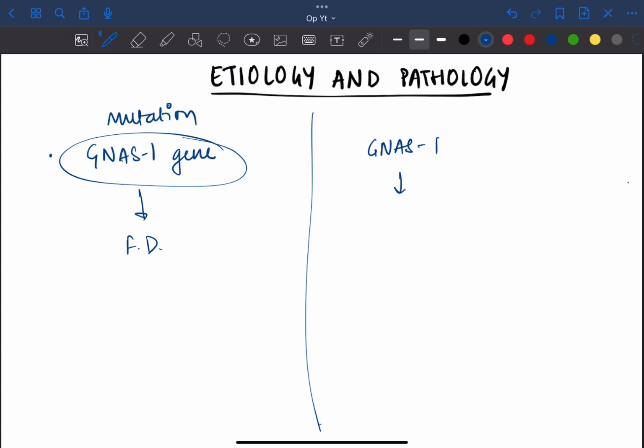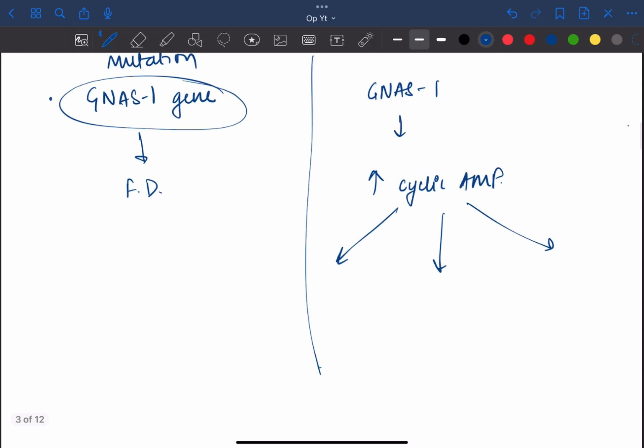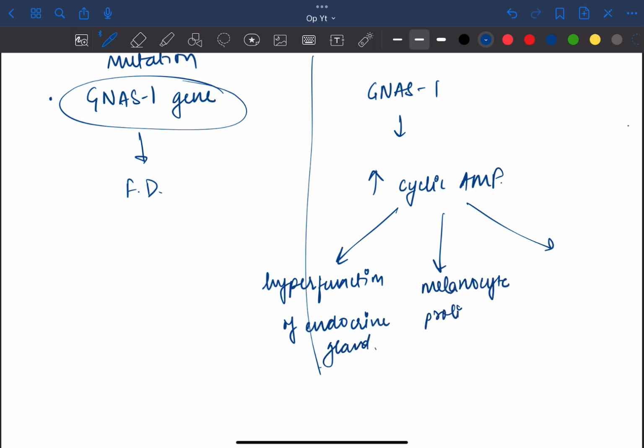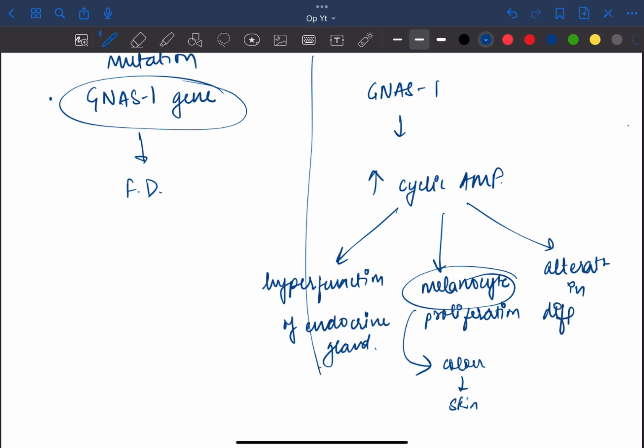It causes an increase in production of cyclic AMP. Cyclic AMP controls a number of factors. That is, it causes hyperfunction of endocrine gland. It causes melanocyte proliferation. Now, melanocyte is the cell that gives color to the skin. It also causes alteration in differentiation of osteoblast.